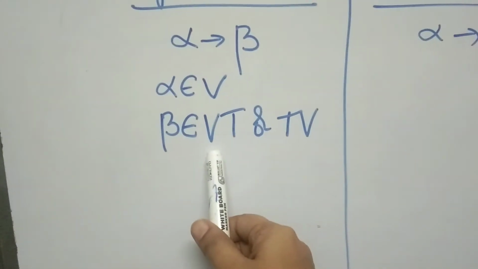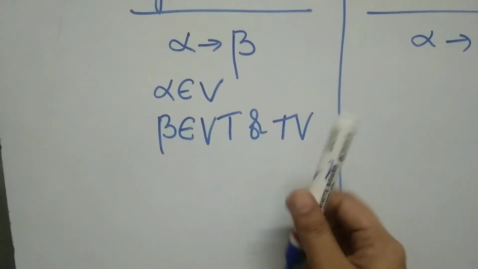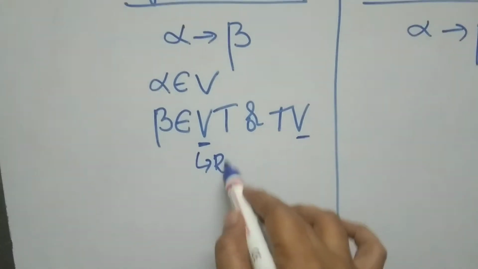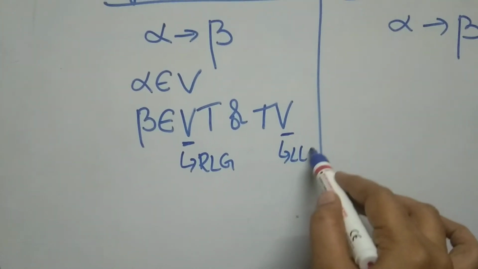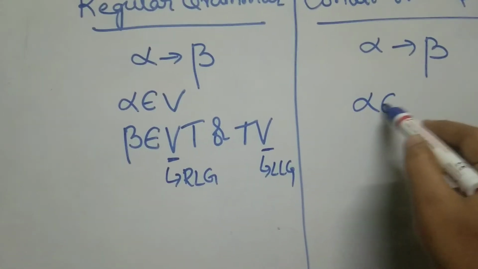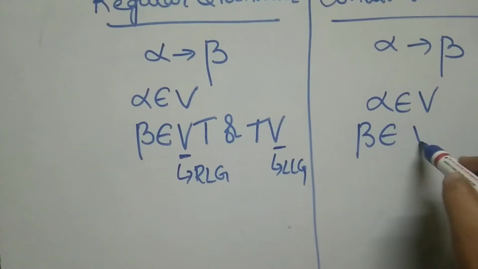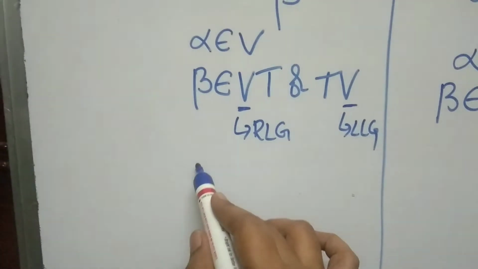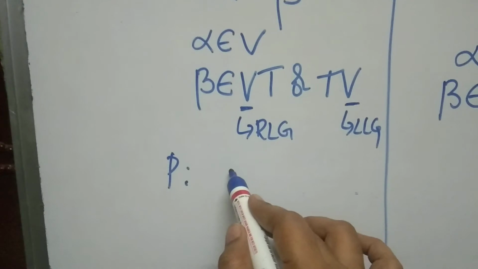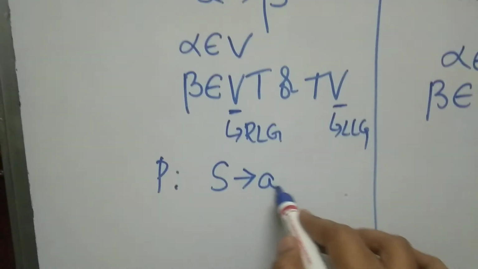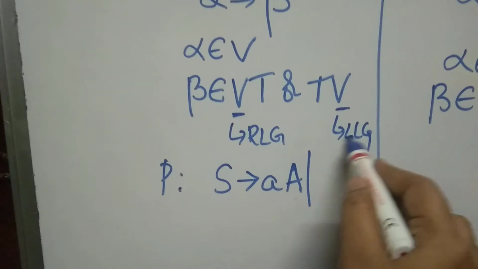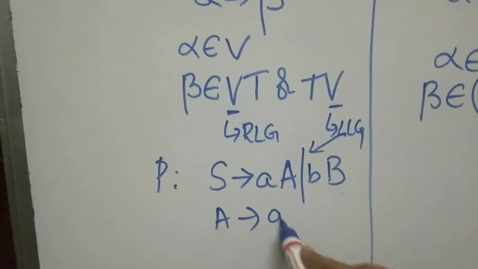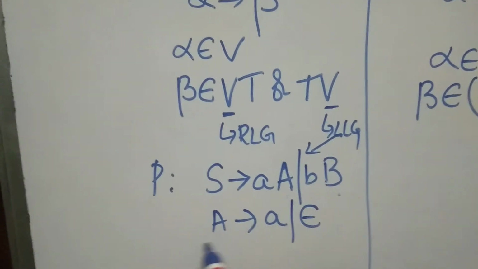This is a right linear grammar, and this is a left linear grammar. But in context free grammar alpha belongs to variable and beta belongs to (variable union terminal) whole star. In regular grammar the production rule must be of the form S tends to aA or bB, and A tends to a or epsilon, like this.